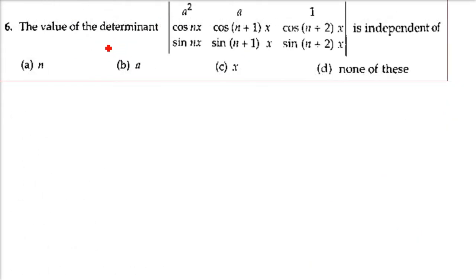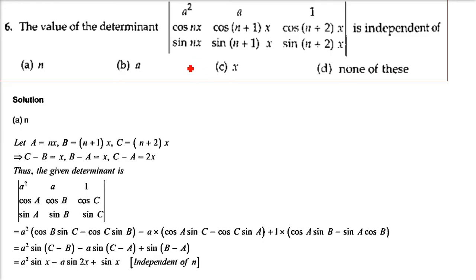The value of the determinant is independent of... it may be independent of n or x, because A is a constant. There are only two variables, x and n. So let us open it properly.